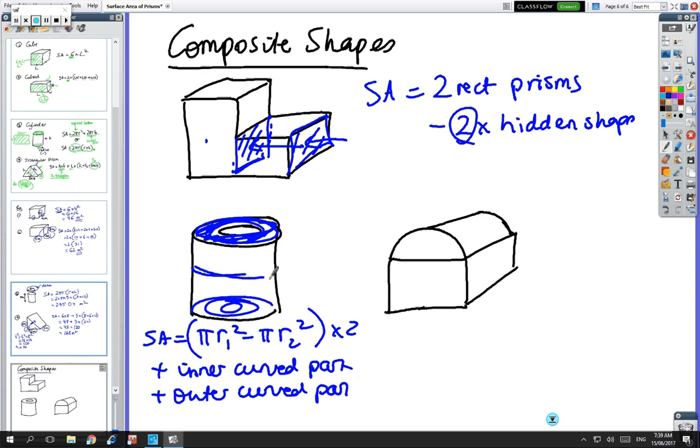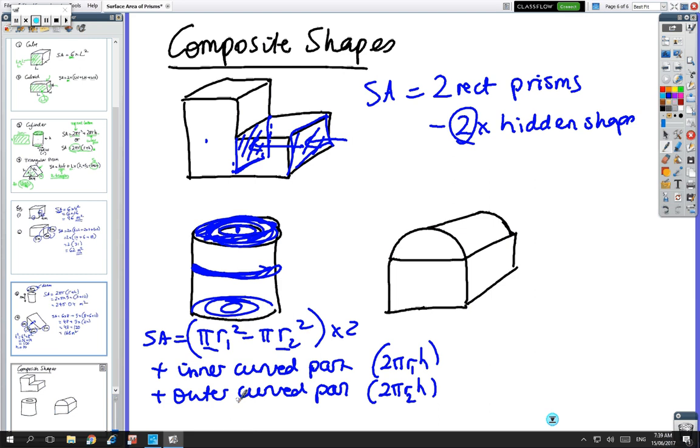Okay, so there's a curve part on the outside and there's a curve part on the inside. And so then you would just use the 2 pi r h of each of the shapes. So 2 pi radius 1, 2 pi radius 2. Okay, so you've got the donut shape at the top, which would be just 2 circles subtracted, and then you double it, and then you've got an inside curve shape on the inside and an outside.